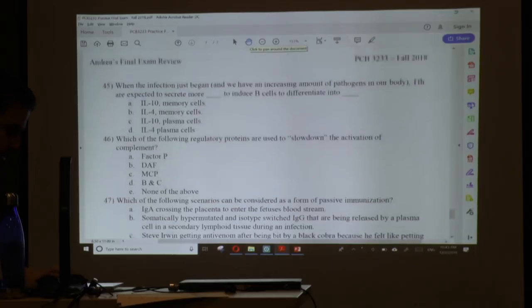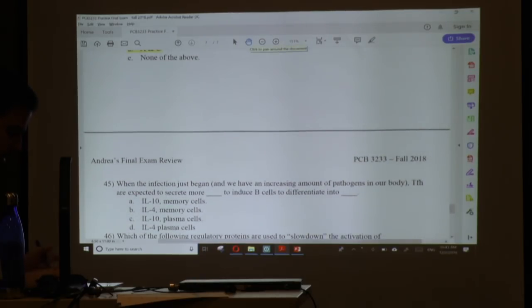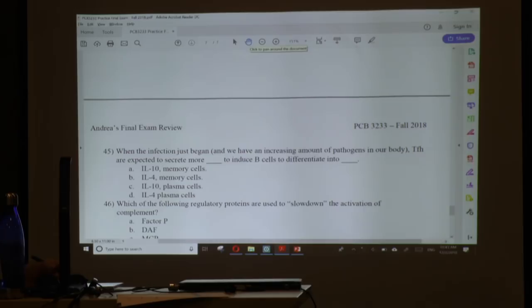All right. So this is another question about the signals that T cells give to B cells during an infection. So when an infection just began and we have an increasing amount of pathogens, the T follicular helper are expected to secrete more blank to induce B cells to differentiate into blank. So if you have an infection, you need more B cells activated into plasma cells, right? Which cytokine will you secrete to tell B cells to turn into plasma cells?